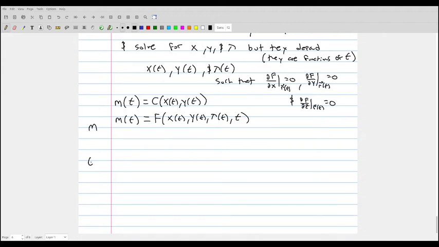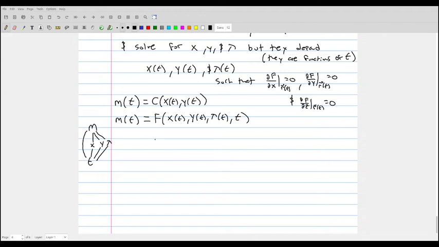It depends on t independently. It also depends on x, on y, and on lambda as well. These optimal solutions for x, y, and lambda all also depend on t.